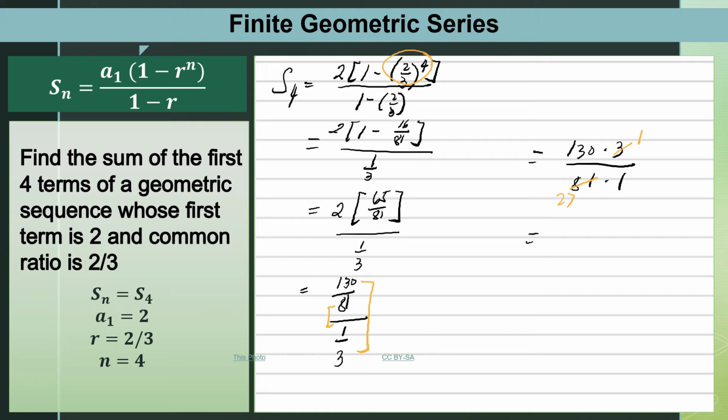And multiply na lang natin si 130 times 1, which is 130 over 27 times 1 is equal to 27. At ito na ang ating S sub 4. Meaning, kapag inadd natin ang first term hanggang fourth terms ng ating sequence, ang makukuha nating sagot ay 130 over 27.